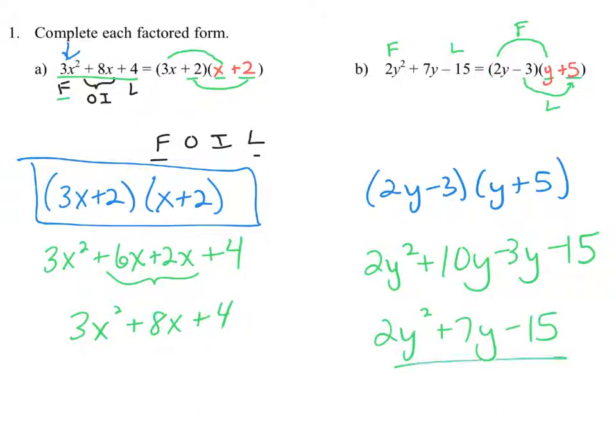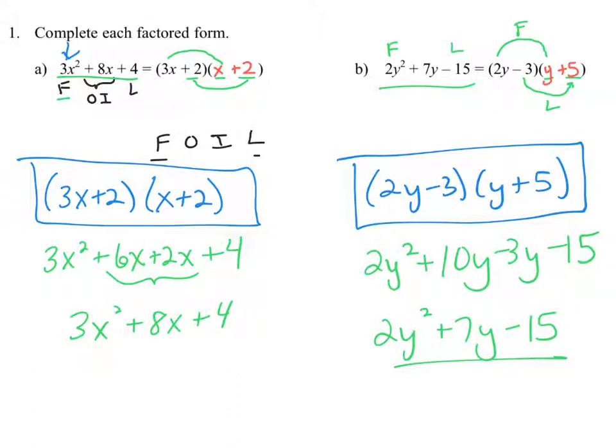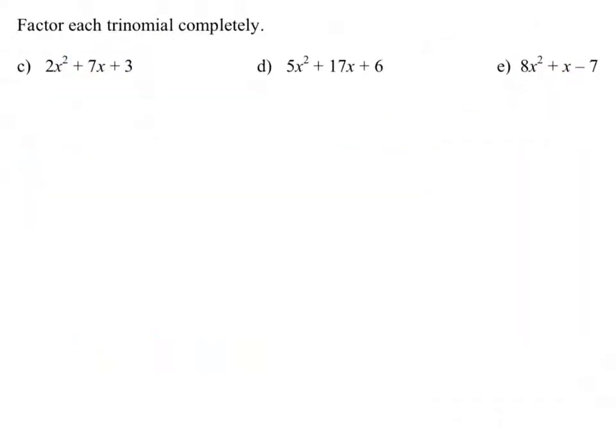You want to double check that this is exactly what you started off with. So by checking that, we know that the factors are 2y minus 3 and y plus 5. What's nice about these two problems is that they give you one factor, and you have to find the other factor. In the next examples, you're going to have to figure out both factors, and there's a lot of trial and error, guess and check, that will have to go into factoring those problems.